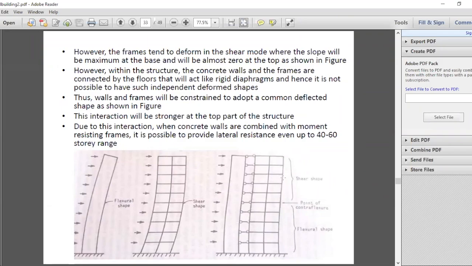So it looks like the frame is stronger than the wall, although the wall itself is a strong element. The problem is it's too tall, so that's why it has become weak. Otherwise, it's not weak.